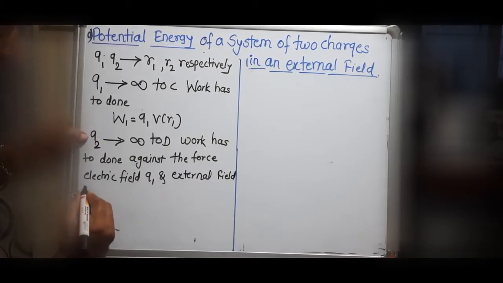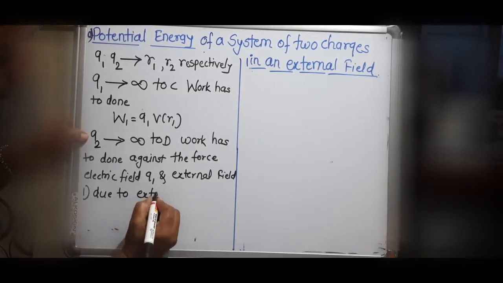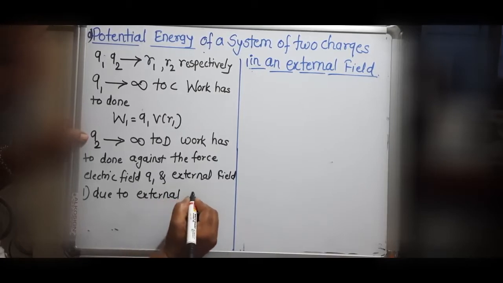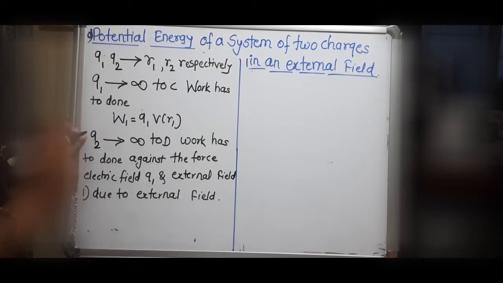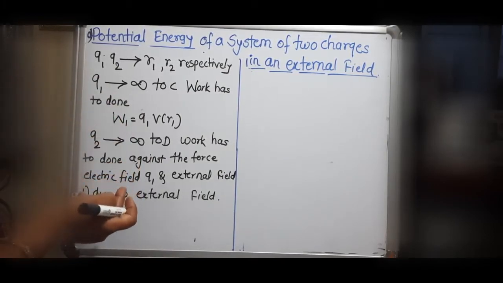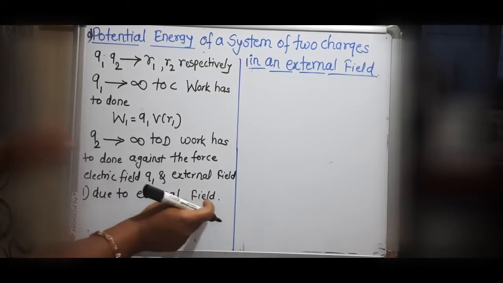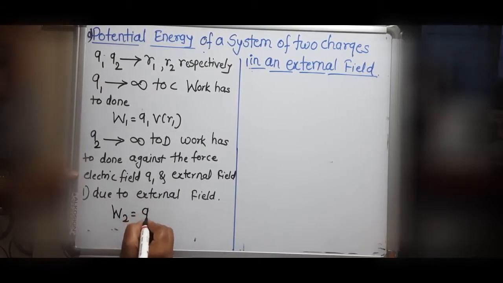The first is the force due to the external field. Whenever this charge Q2 is brought from infinity to point D, work has to be done against the force of the external field, and the work done is W2 equal to Q2 V(R2).